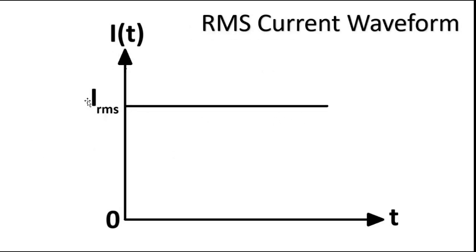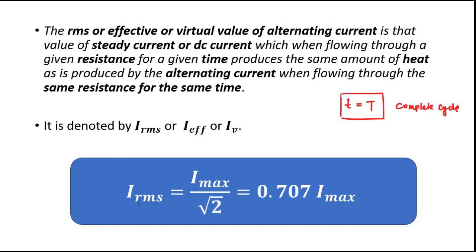The value of this DC signal is IRMS, a constant value. If we apply this signal also to that circuit, the same amount of heat will be generated. So this is the equivalent value, and this RMS value is given by I max by root 2.